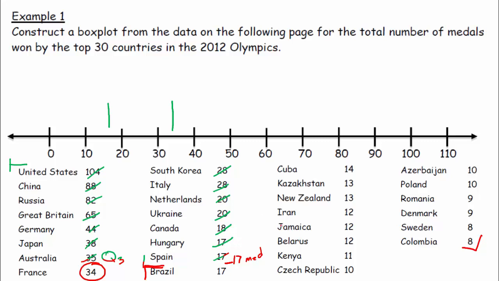So I'm going to count in 1, 2, 3, 4, 5, 6, 7, 8. So here I have that Kenya would be Q1. So 11 would be right here. So now I can draw my box.